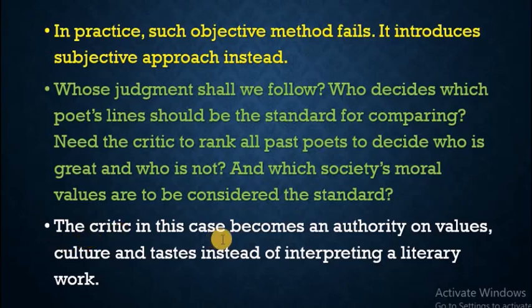So the critic in this case becomes an authority on values, culture, and taste instead of interpreting a literary work. So this leads to what? Instead of being a critic who judges a literary work based on artistic standards and values, he becomes someone who is responsible for values and culture, or who decides what people should like and what they shouldn't like.